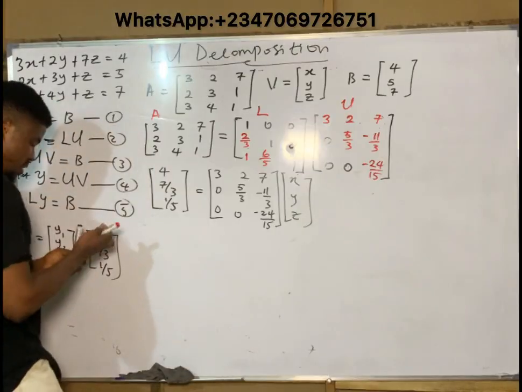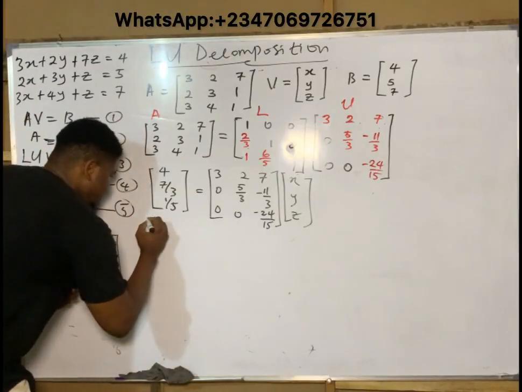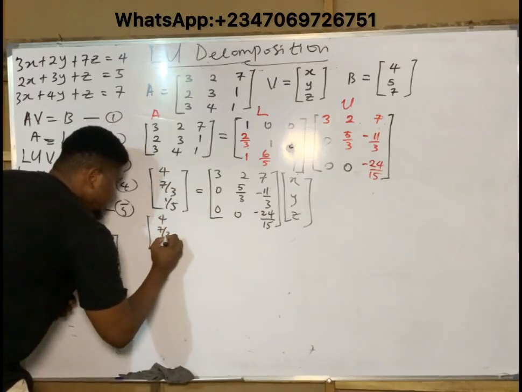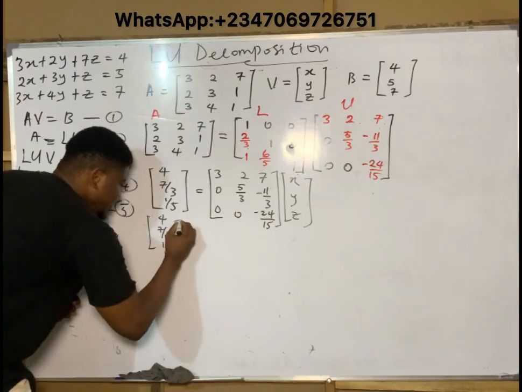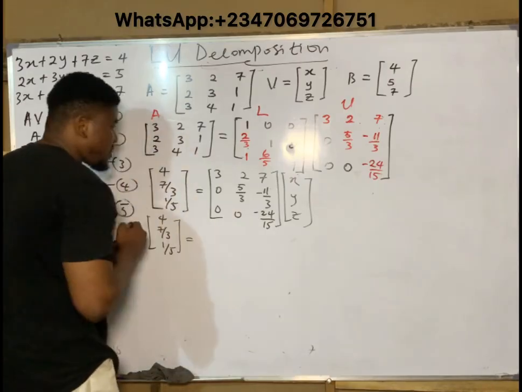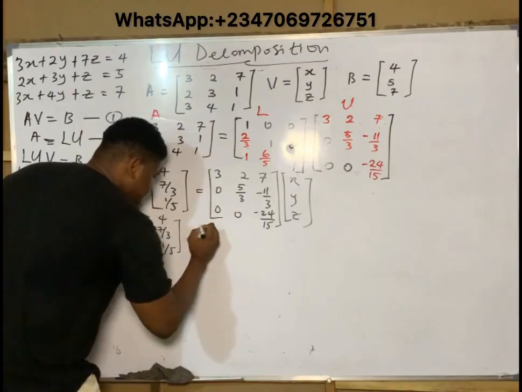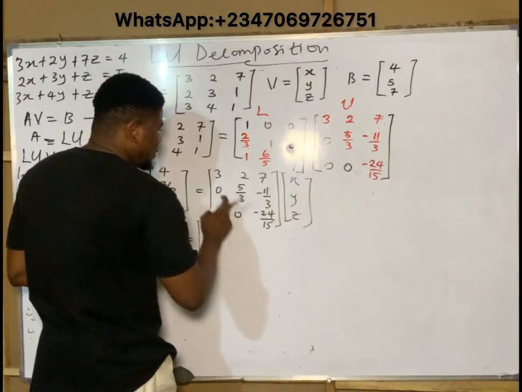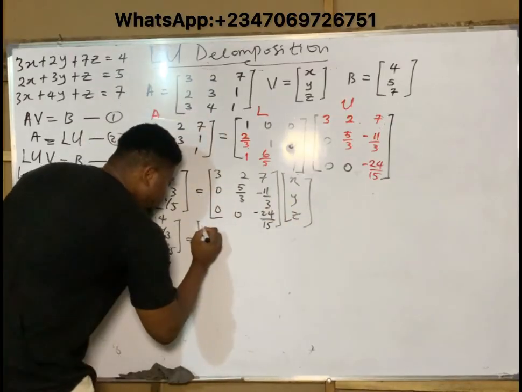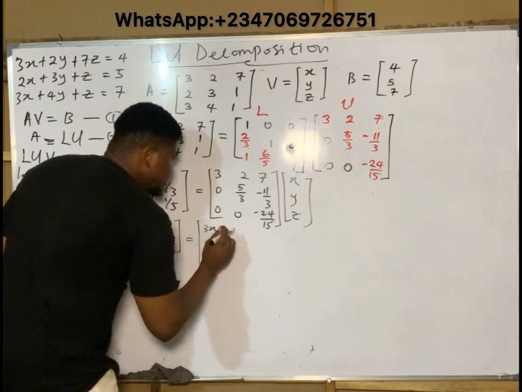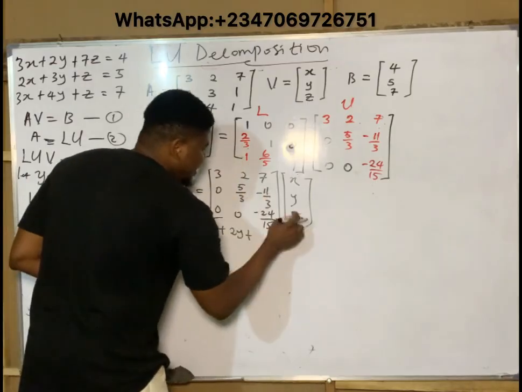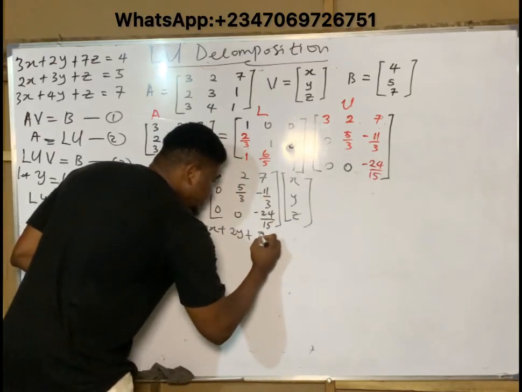So we perform our multiplication once again. The whole of this row multiplies the column. I have 3 times X, which gives me 3X, plus 2 times Y, that's 2Y, plus 7 times Z, that's 7Z.